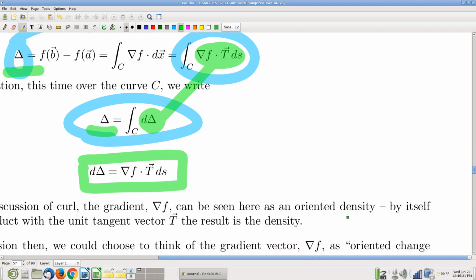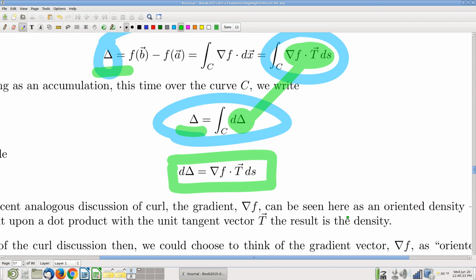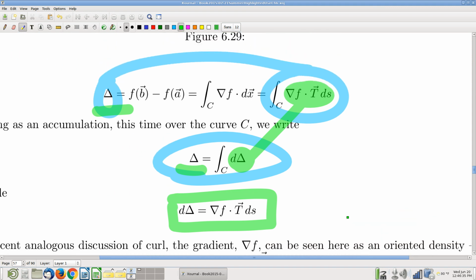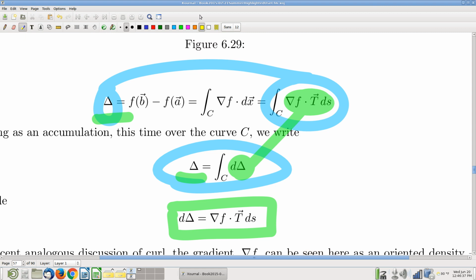But it's not the gradient. Here's your density: the gradient of f dot T. It's not just the gradient of f. It wouldn't make any sense to call the gradient a density, if you think about it. The gradient's a vector. How can a vector be a density? That doesn't make sense.